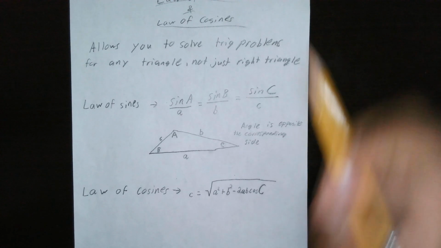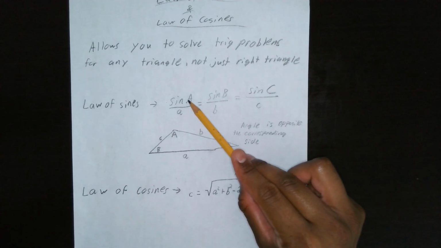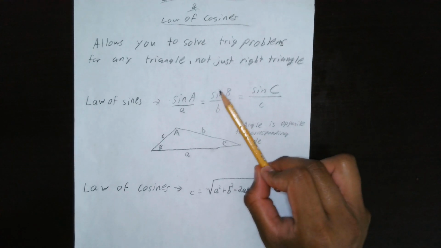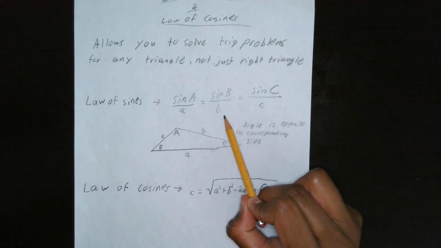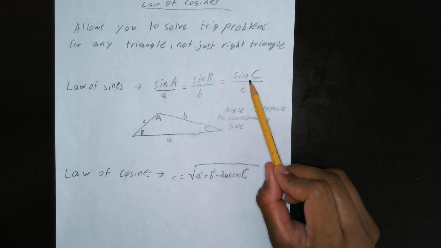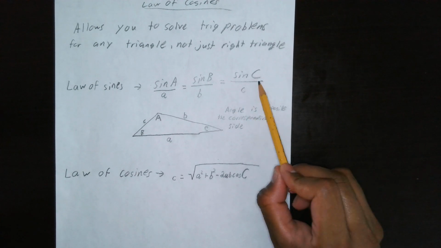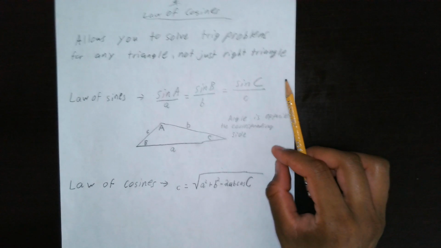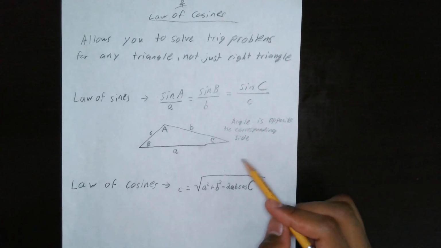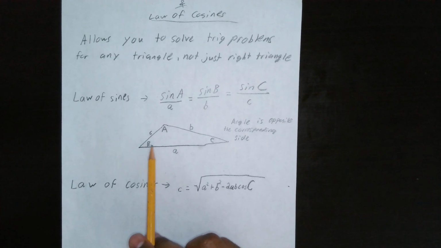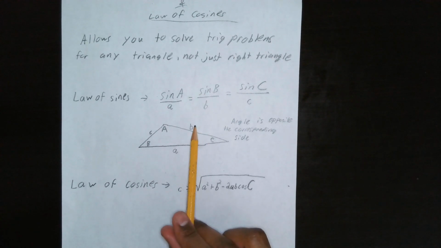The law of sines states that the sine of angle A divided by the length of side A is equal to the sine of angle B divided by the length of side B, and that's equal to the sine of angle C divided by the length of side C. With triangles, we need to understand that if I have, for example, angle B right here, then side B would be opposite the angle, over here.